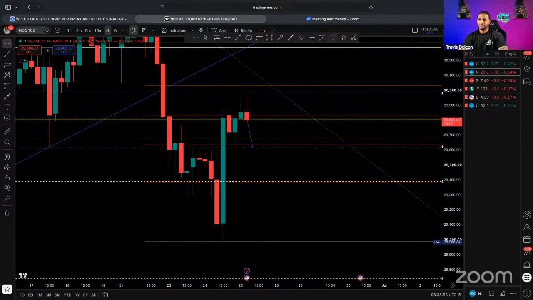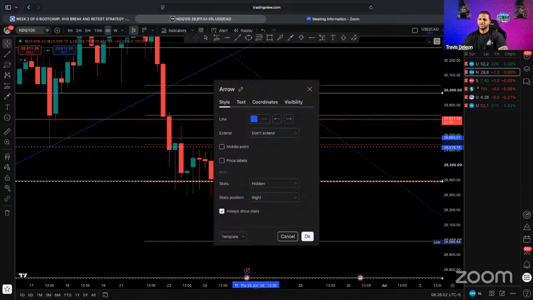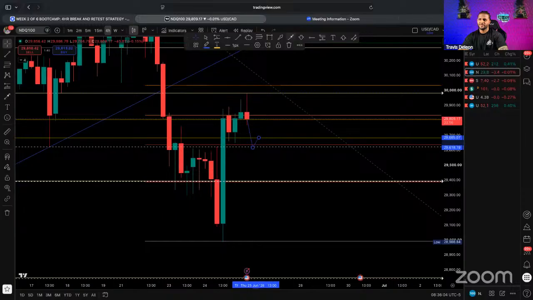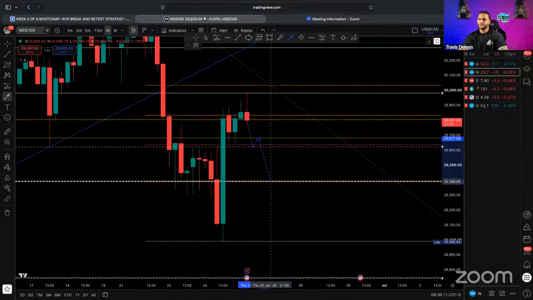I need a break under there, and I need a retest to continue lower. If I'm not getting that, I'm not selling. That's the only way I'm selling down further to about the 39,3890 level.